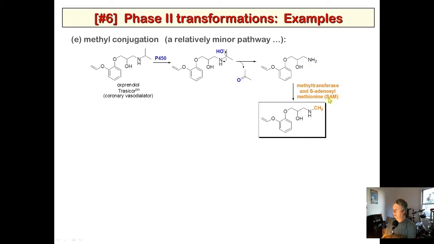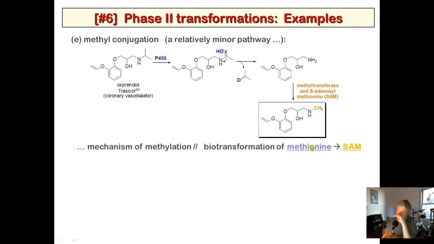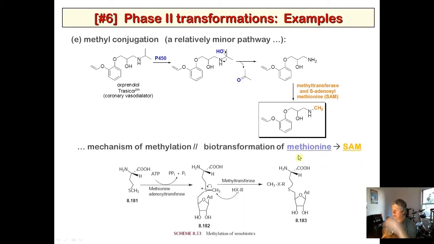S-adenosylmethionine, or SAM, is kind of like a methyl iodide, a biological methyl iodide, which just methylates stuff. Okay, what's the mechanism, and how is SAM produced? It's a pretty easy mechanism.